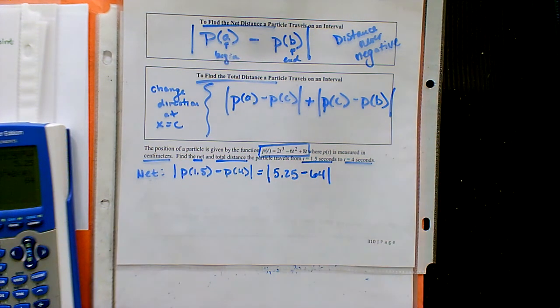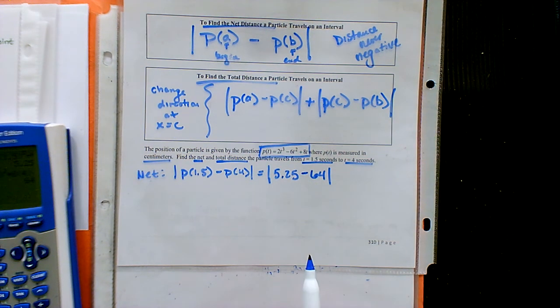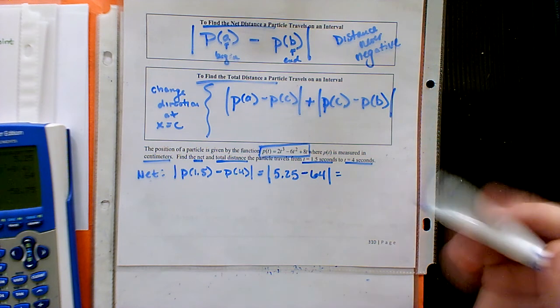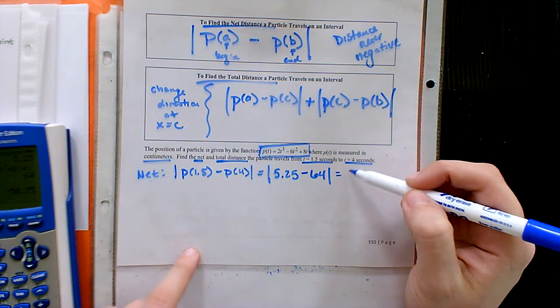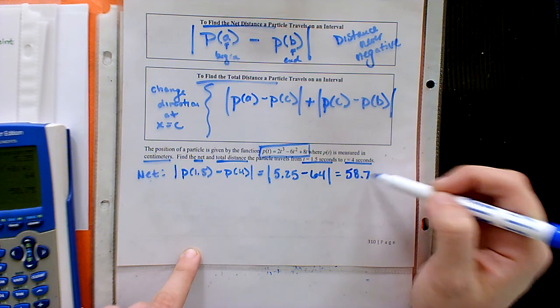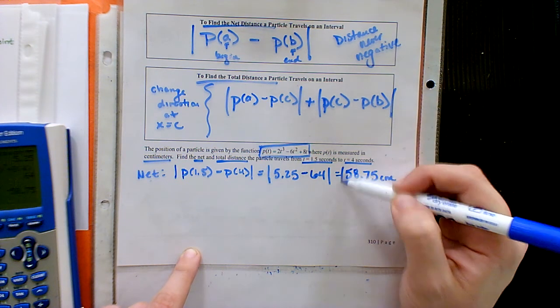Yeah, it's really cool. All right, so 5.25 is our position where we start. 64 is our position where we end. And if we subtract those, we traveled 58.75. But I don't care if it's negative or not because it's just a distance, okay, how far you actually travel. So 58.75 centimeters.